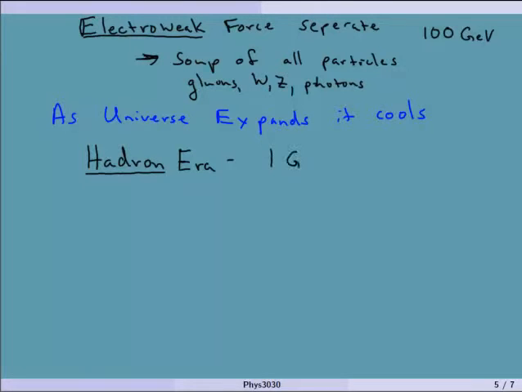This is at energies of about 1 GeV, which corresponds to about 10 to the 13 Kelvin, which is really, really hot. This is at about 10 to the negative 4 seconds into the creation of the universe.